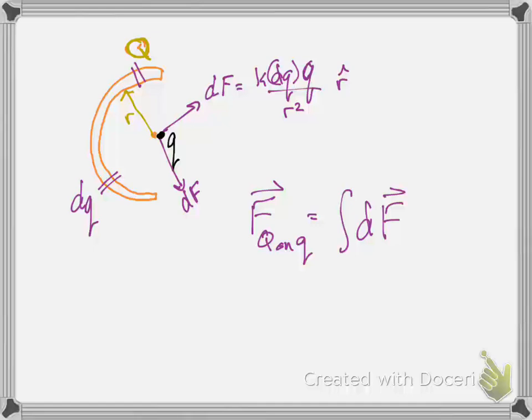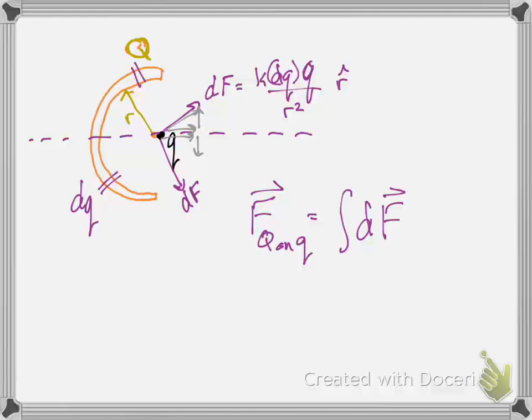But as we've seen before, we can use symmetry in this situation. For every dq above the horizontal bisector, there's a dq below the horizontal bisector, such that their up and down forces cancel and their horizontal forces add. I've drawn that in with the gray lines here.